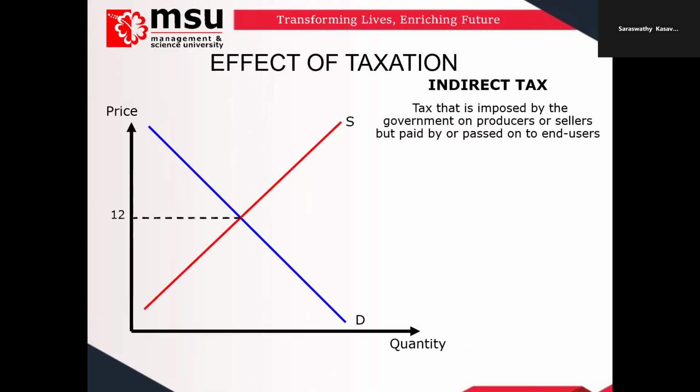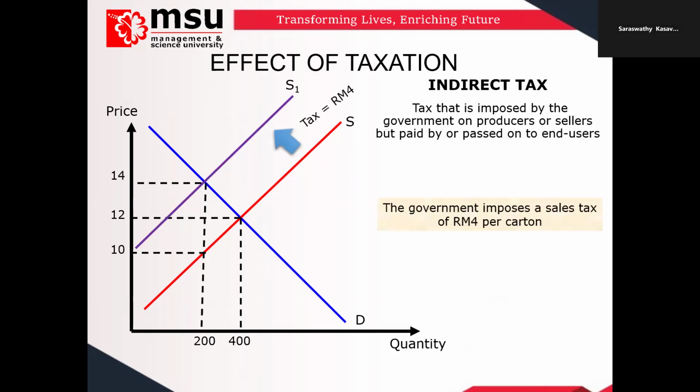Effect of taxation. The third case is the effect of taxation. What happens if the government imposes a tax on producers and sellers, but they pass it on to the buyer? The original equilibrium price is 12 ringgit and the quantity is 400. After the government imposes the tax, the cost of production increases and the quantity supplied decreases.